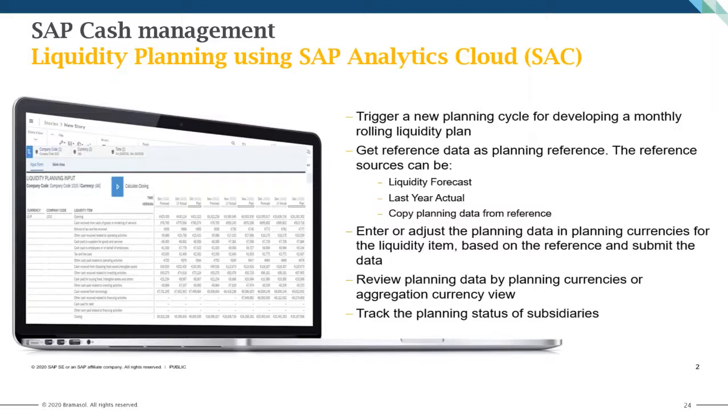Once that is done, you enter or adjust the additional planning data, and it can be done in various currencies. You can aggregate it. You can play around. You can build some hierarchical cash flow structures in there, and you submit the data. When you do the submission, SAP implements a workflow-based activity, which is then routed to the person who is responsible to approve your liquidity plans. Once the approval is obtained, it becomes the plan for the future.